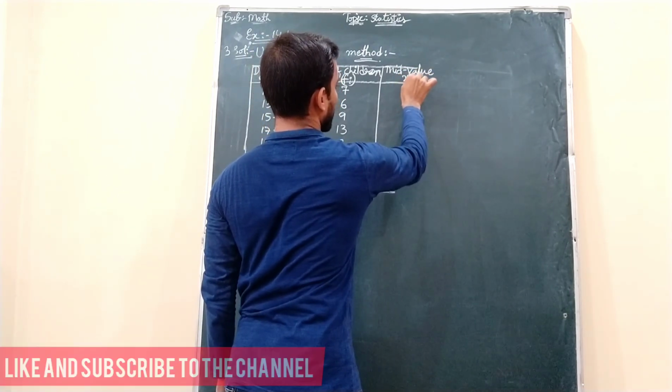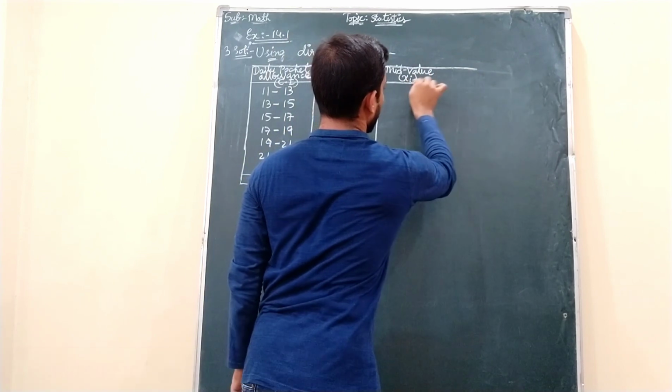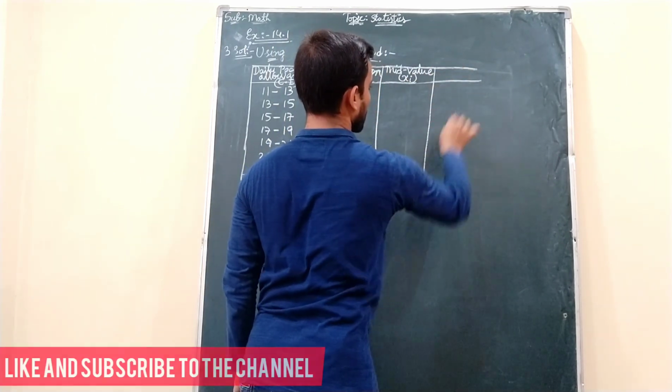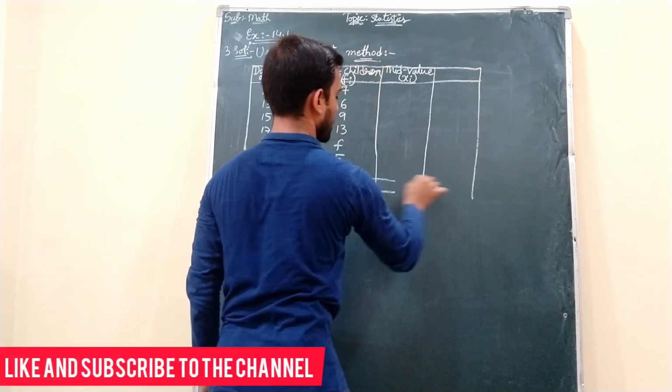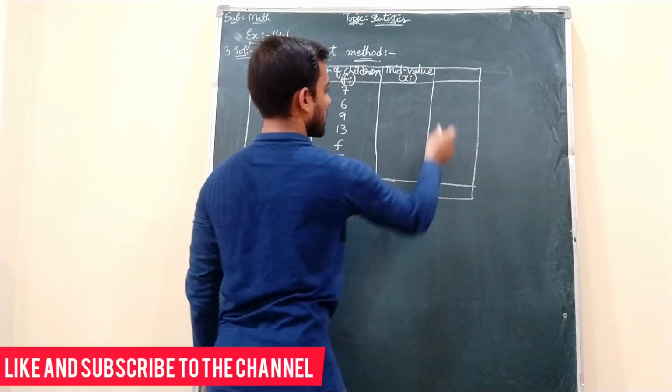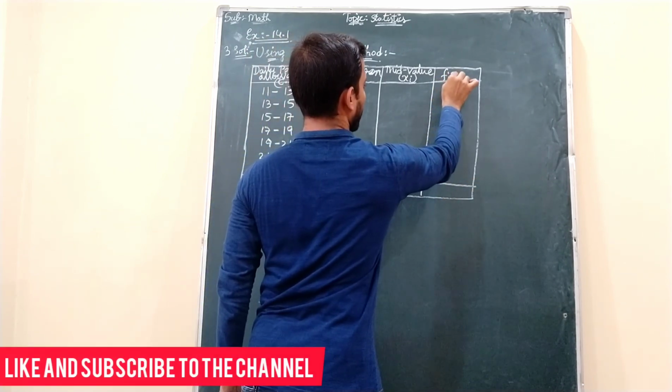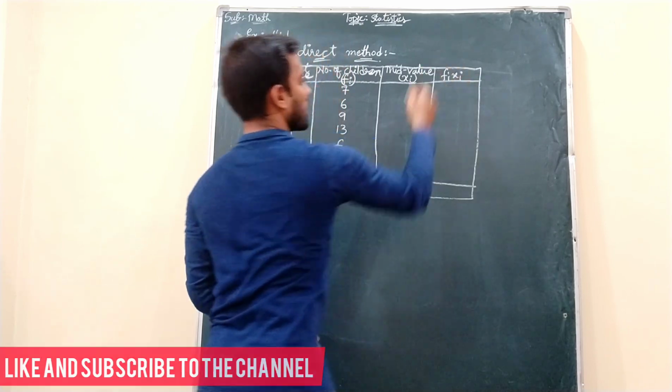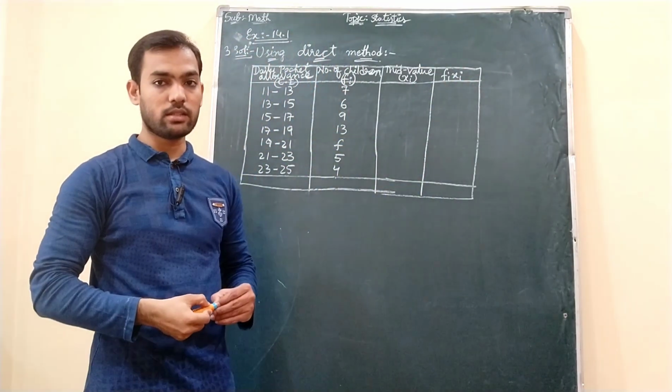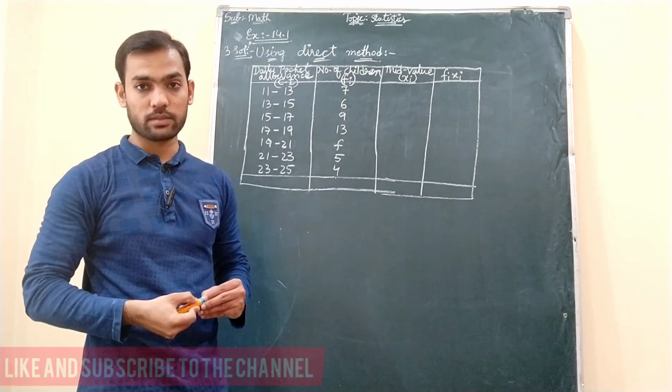Mid value, that is nothing but Xi. The last column will be Fi Xi. Okay guys, so we got all the 4 columns as per the direct method.